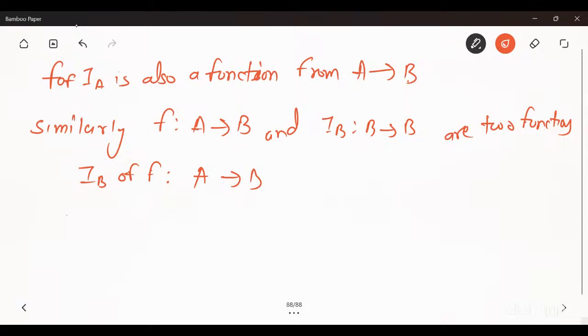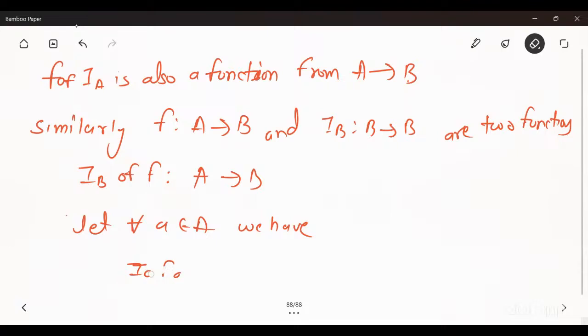So since IB of F is from A to B, for a belonging to A, we have IB of F of a.